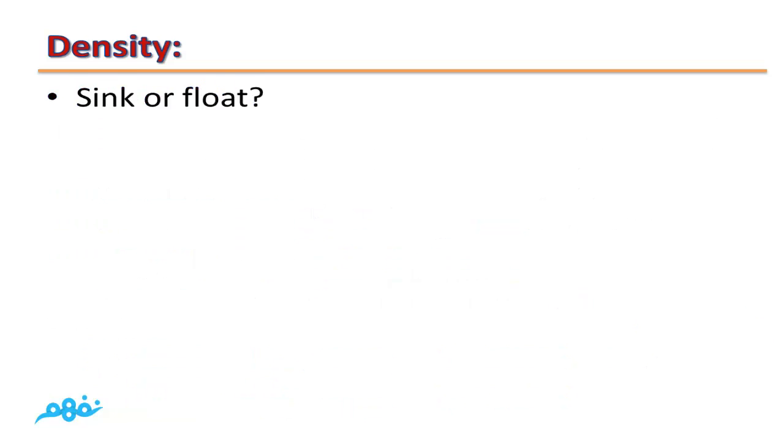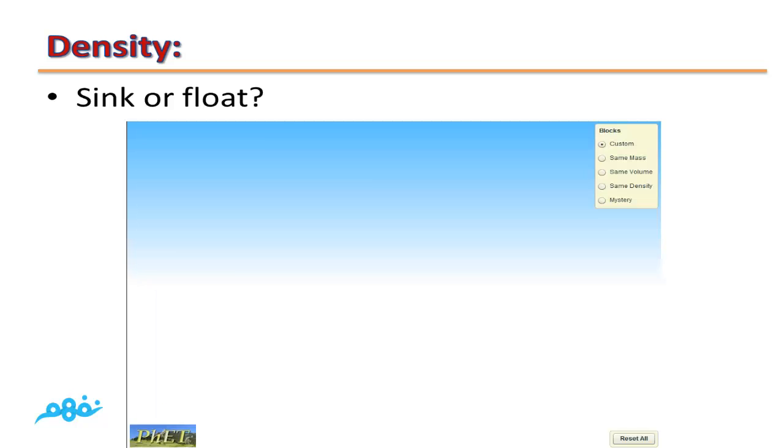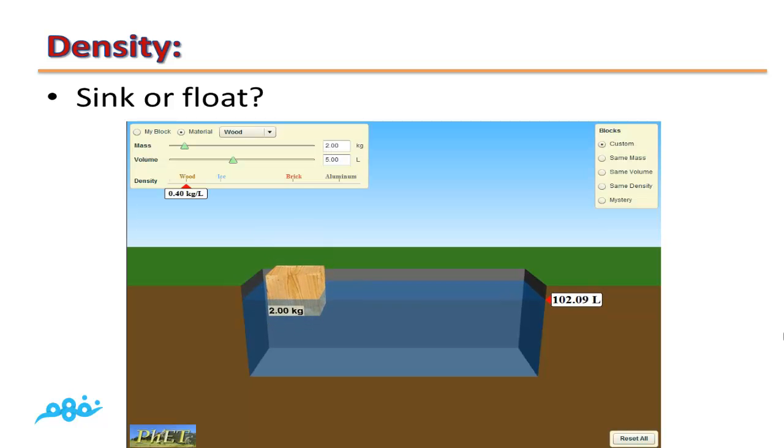We have a live application for density, which is the same question as sink or float. And we have to do this activity. As you can see, we have a piece of food. Its mass is 2 kilograms.